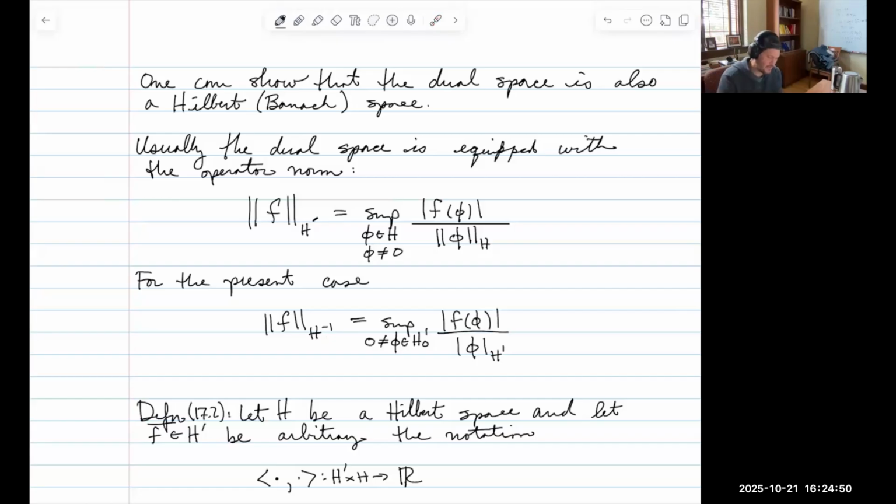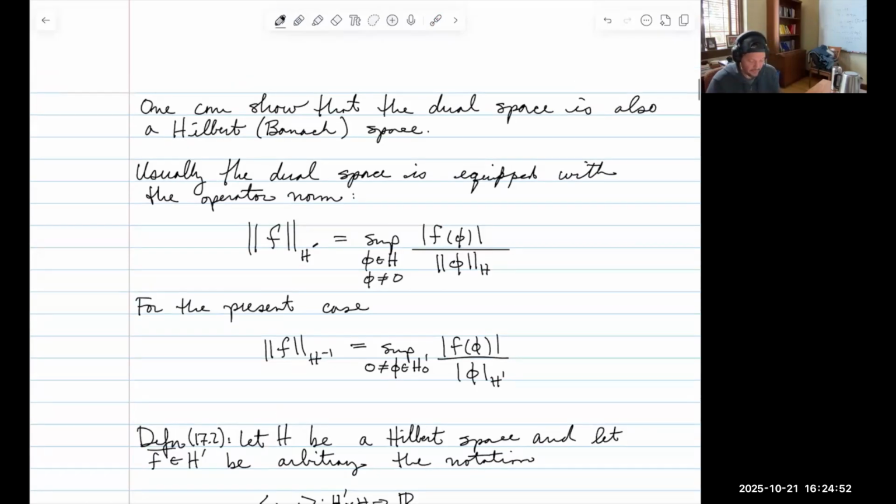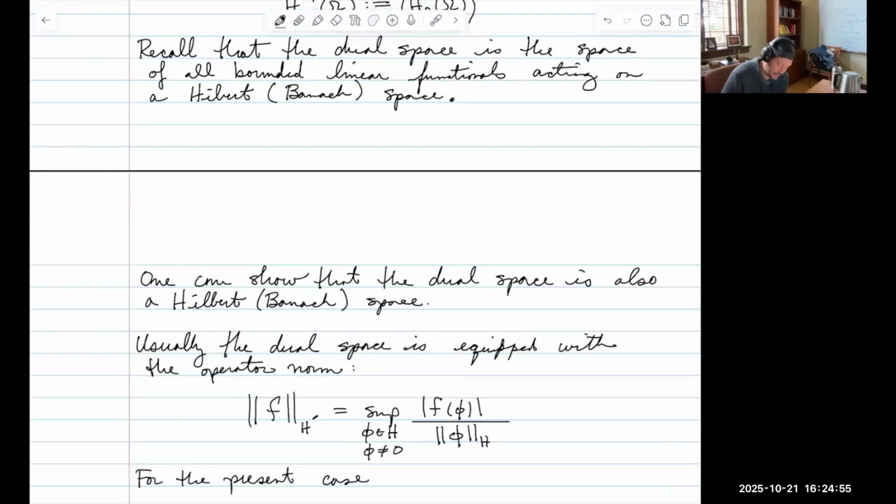This somehow should be evocative of the spaces that we have right now. So we have L2, H1, H2, and so on. And now where do we put this space H minus 1? Well, it's not really like the others. These are standard function spaces. This one is a space of functionals. But it turns out that in terms of ordering, we want to put it over here. Why?